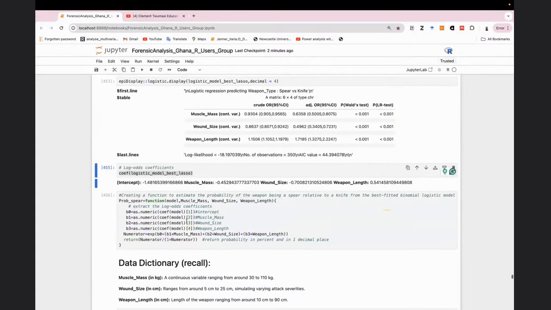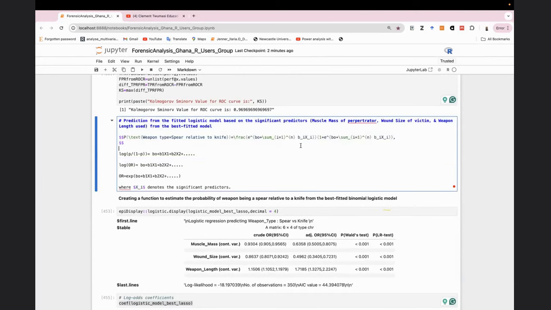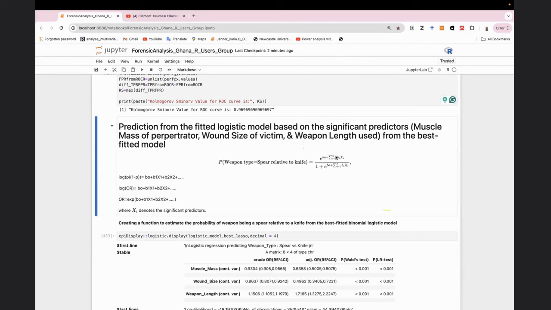So I basically created my own function. SPSS does not have an inbuilt function to calculate this probability for you. That is why most people use SPSS, even Minitab, Stata, and after they use logistic regression to identify significant predictors, they can't do anything further.